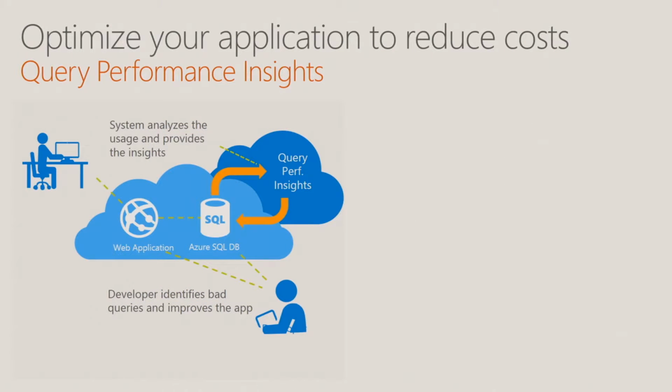Now we're going to go back to optimizing your application. So now that we have a perfect set of SKUs tuned for optimal costs, we still need to make sure that our application access patterns are optimal.